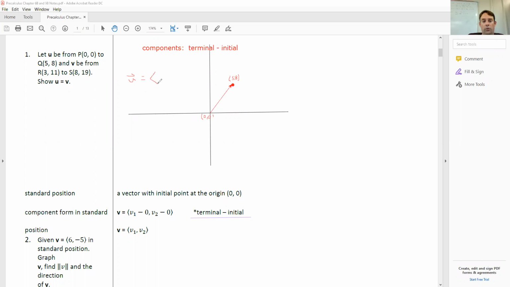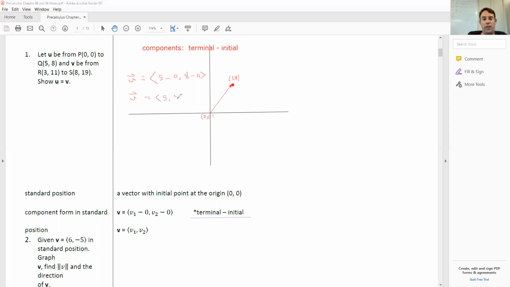Now, components are going to be not a parentheses, but this weird little caret thing. So I'm going to take my ending x, 5, and subtract my first x from it, 0. My ending y value, which is 8, and subtract my initial y value, which is 0. So that means my component form of u would be ⟨5, 8⟩.